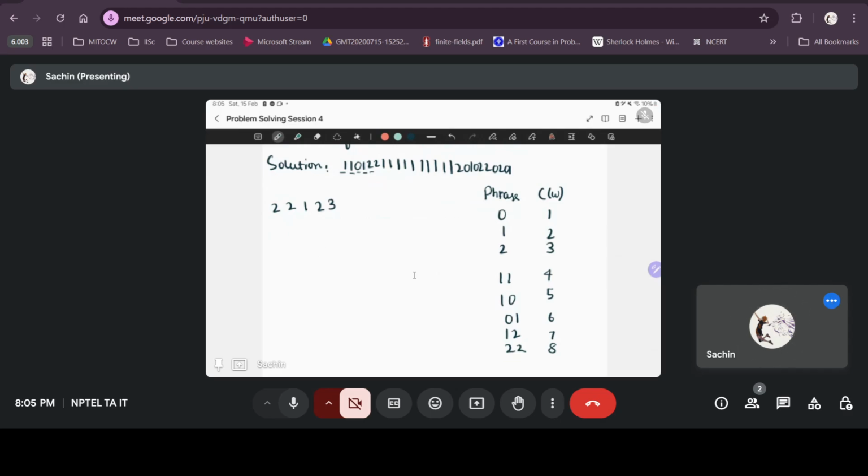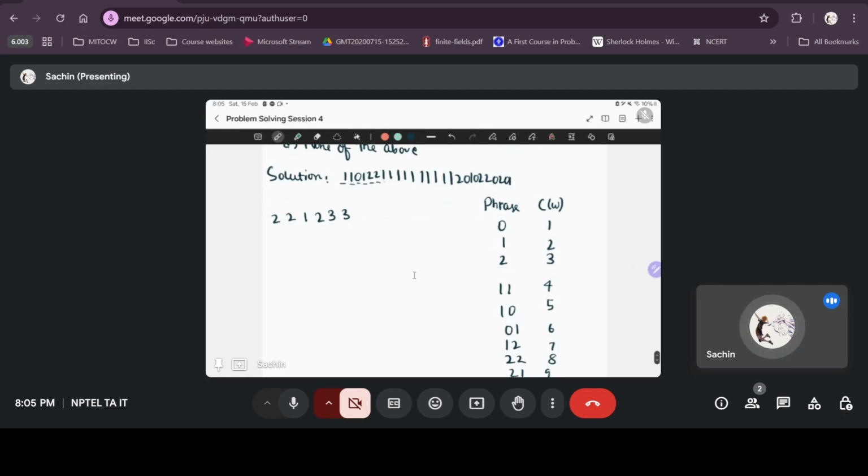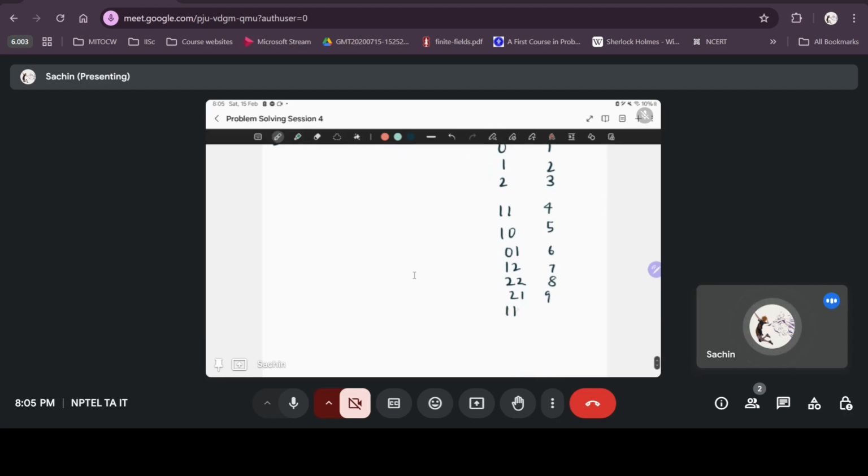Then I have to encode this 2 as 3. 2 1 is not a phrase, so I have to include that as the ninth phrase. Then you have to encode 1, but you have 1 1 as a phrase, so you can encode 1 1 as 4. And 1 1 1 is not a phrase, so I have to include that.